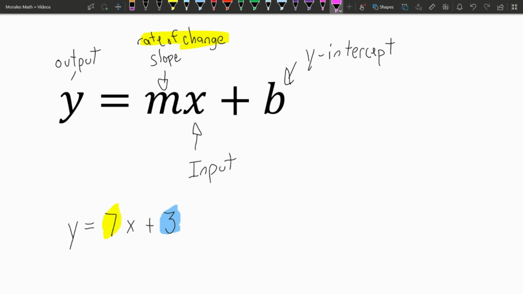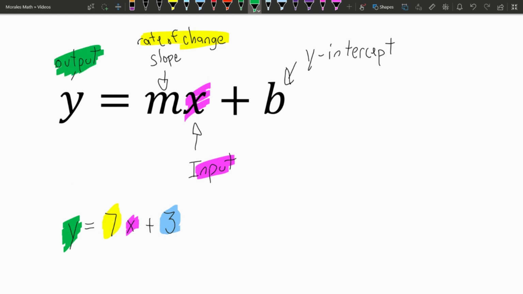Now x and y stay as letters, and x is my input, because when you get a job, the hours that you put in always change per week. And as a result, your y, your paycheck, always changes. You see that?